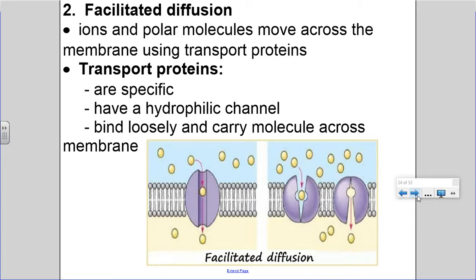It is still passive, so we're moving with the concentration gradient from an area of high to low concentration. Transport proteins are these purple blobs that are shown here and here, and they are actually very specific. This means that if you have a water channel, it will only transport water. If you have a sodium ion channel, it will only transport sodium ion.